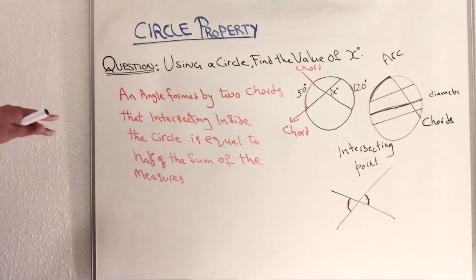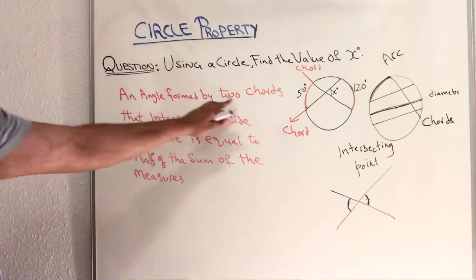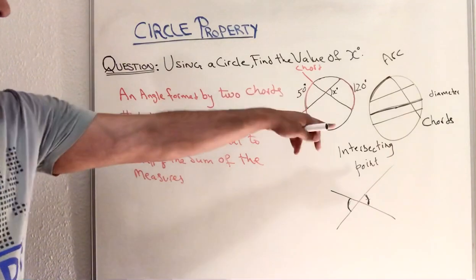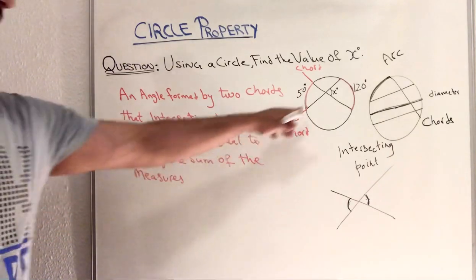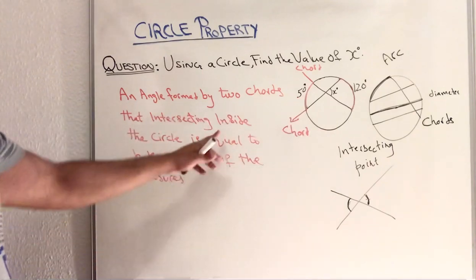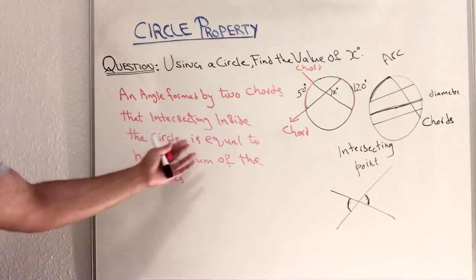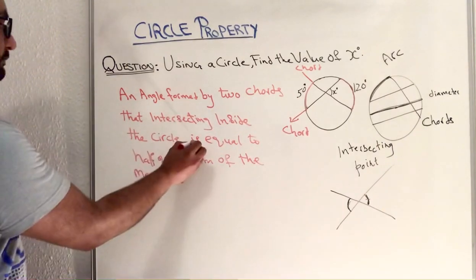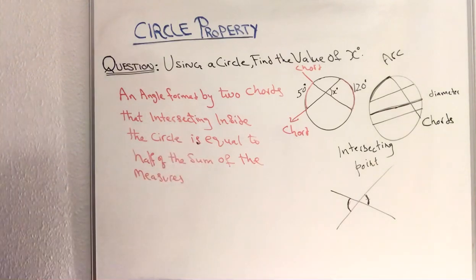So when they are asking, you must know that an angle formed by two chords that intersect at a point inside the circle is equal to half of the sum of the measures of the intersected arcs.